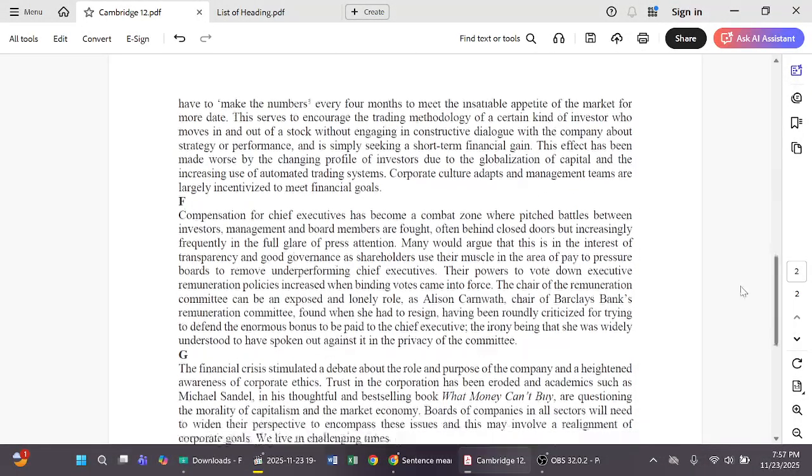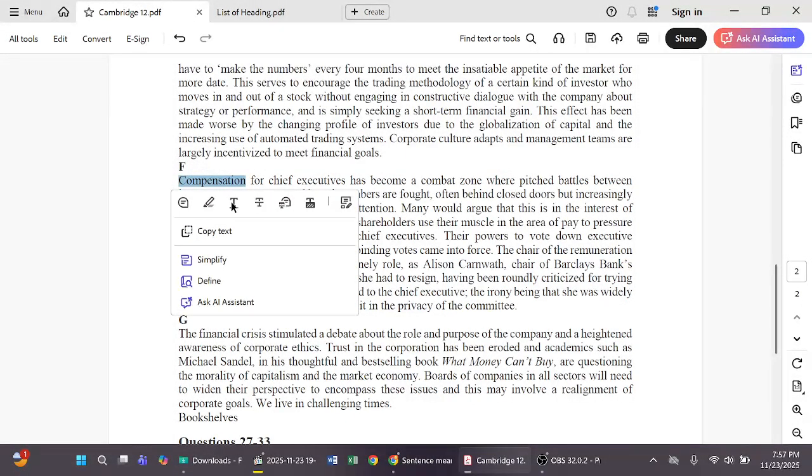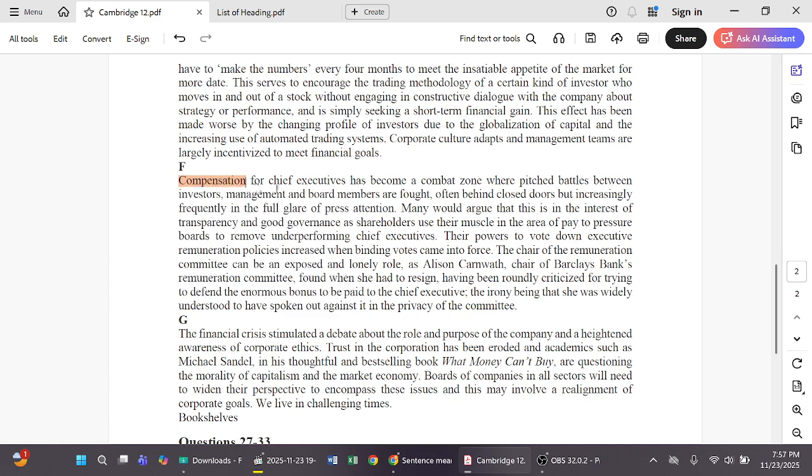Okay, for paragraph F. So compensation for chief executives has become something. Compensation is regarding financial issues, something like this. So here we can see compensation means wages.